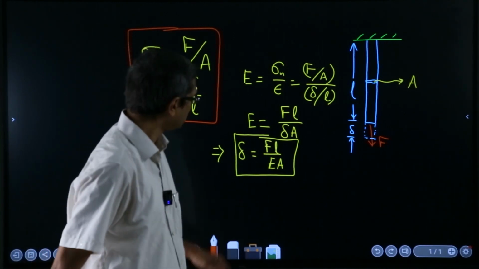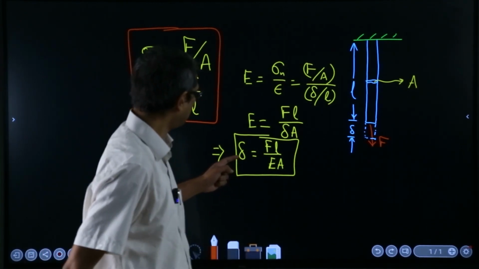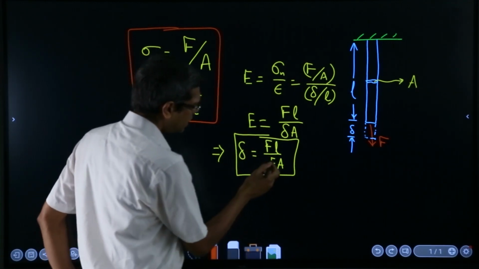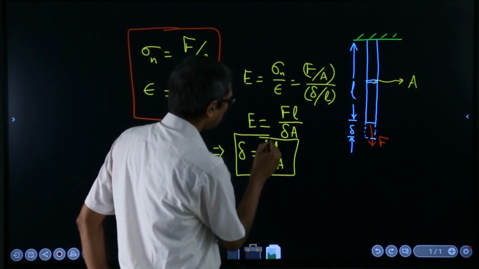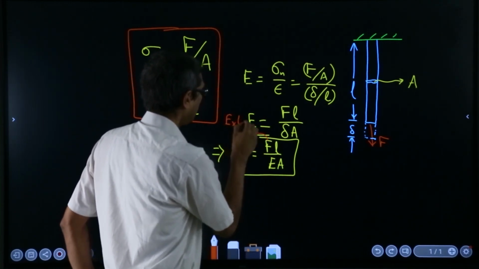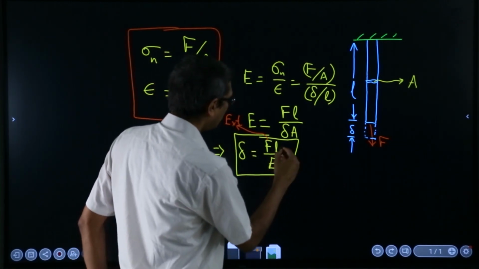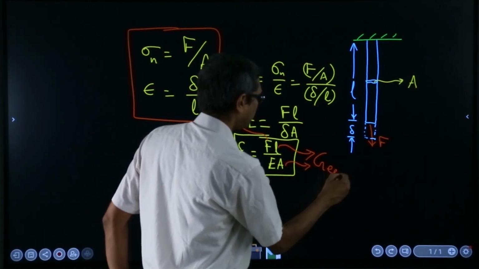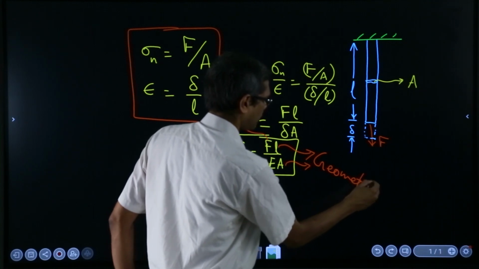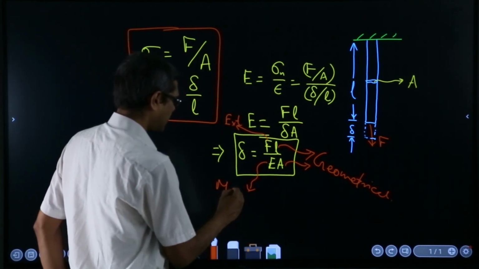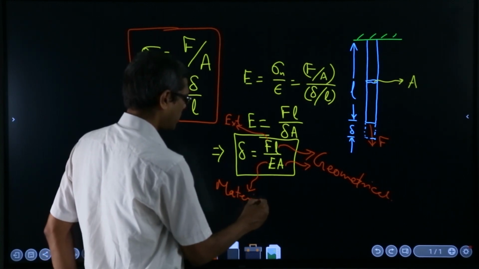If you look at this elongation which is caused due to the force, this is an external source, these are geometrical, and this is a material property.